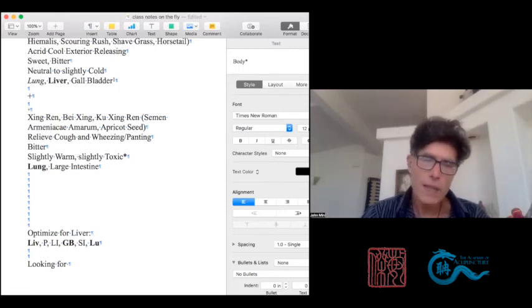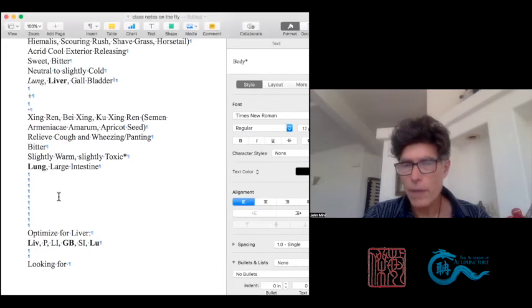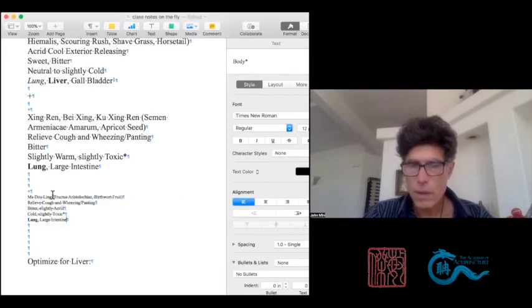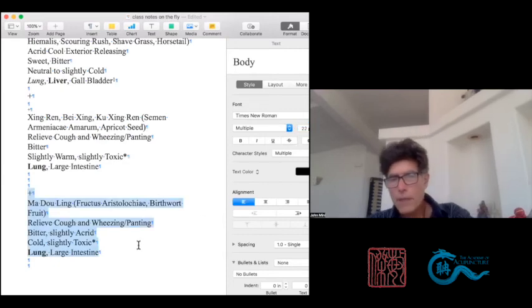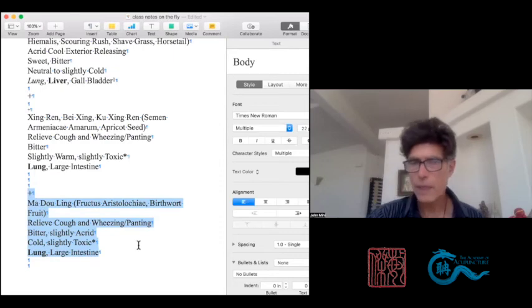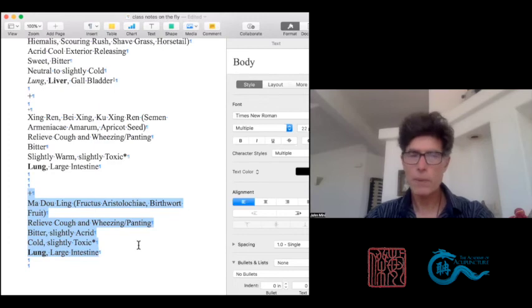If that formula is not strong enough, we could stack another herb here, right on top of it or right next to it. And that is the Madolin, which sadly is difficult to get at this point because it's the fruit of the Aristolochia plant, which we know has some toxicity and it can cause some problems with people's livers and kidneys.